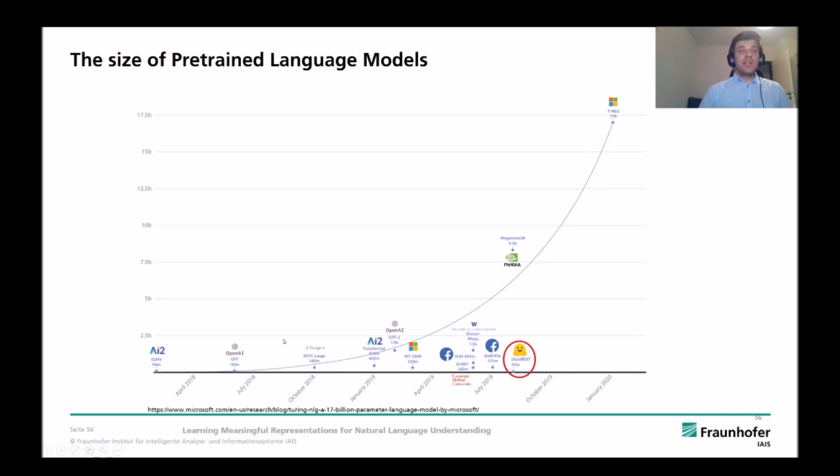Now, as said, BERT has around 340 million parameters and was released in October 2018. Here you can see that a lot of models have been released with larger parameter sizes, but also recently DistilBERT has been released, which only has 66 million parameters. And it has almost the same performance, at least as the base BERT model.